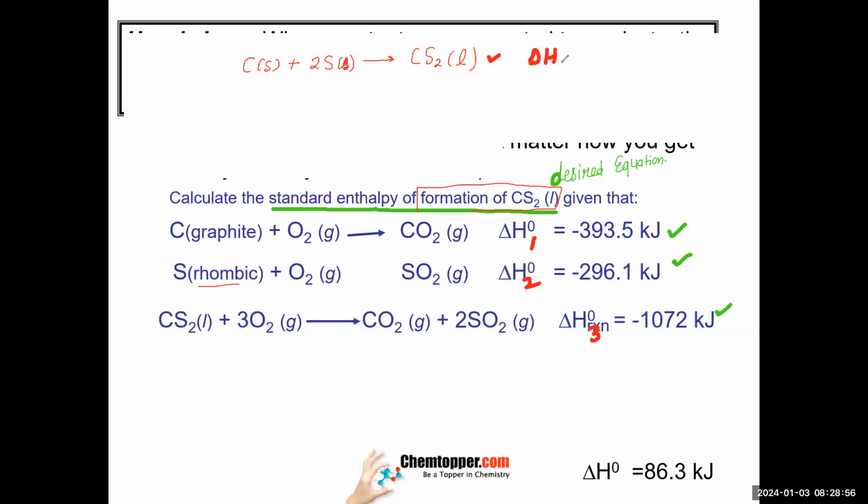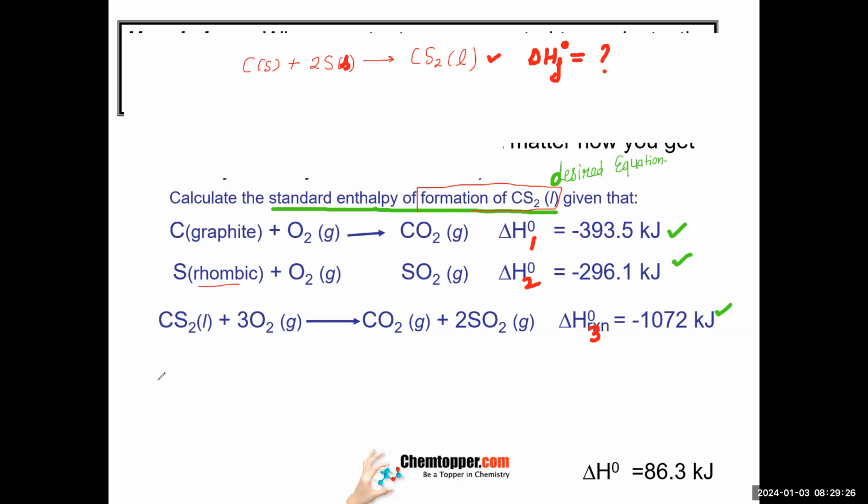This will be my answer, delta H reaction for this reaction, which we are calling it as formation. So you can write F here. Delta H naught formation. Are we clear? F formation not. That I want to calculate. Now this is the target equation, the desired equation.